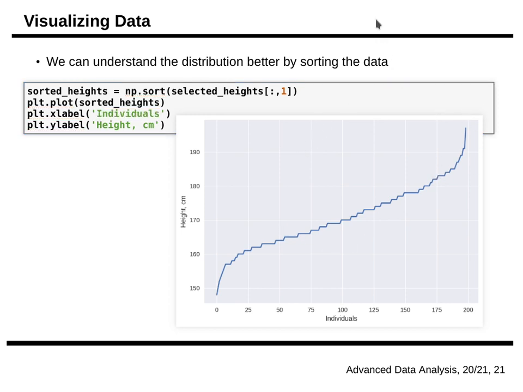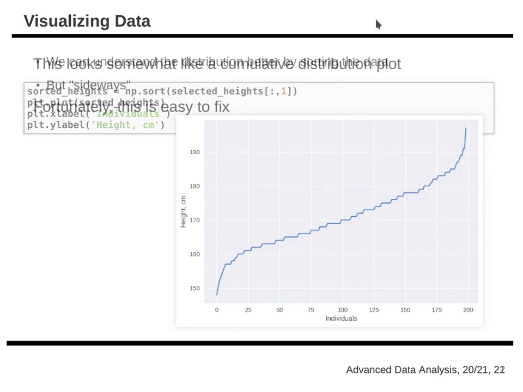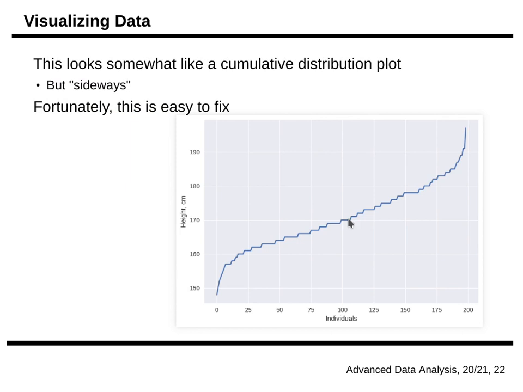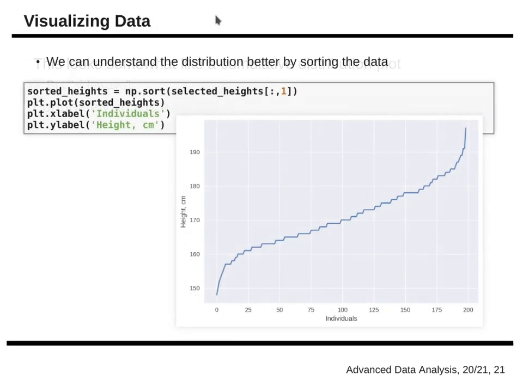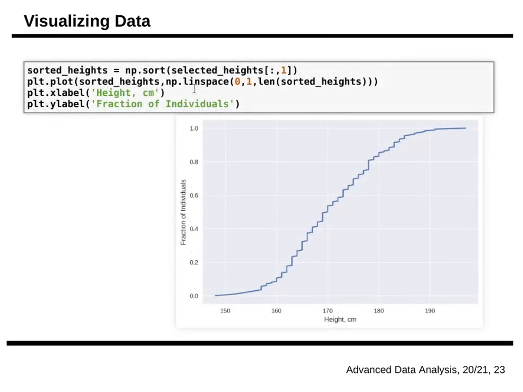So this is a bit like a cumulative distribution plot, but it's a bit strange because it's turned sideways. It shouldn't look like this, the actual cumulative distribution plot. But it's easy to fix. We just do the plot in a slightly different way. So it's the same thing. We are sorting the values, and now we are plotting the sorted values. But instead of just giving the sorted values to the plot function, which by default just puts the index of each value on the x-axis, we give two arrays here.